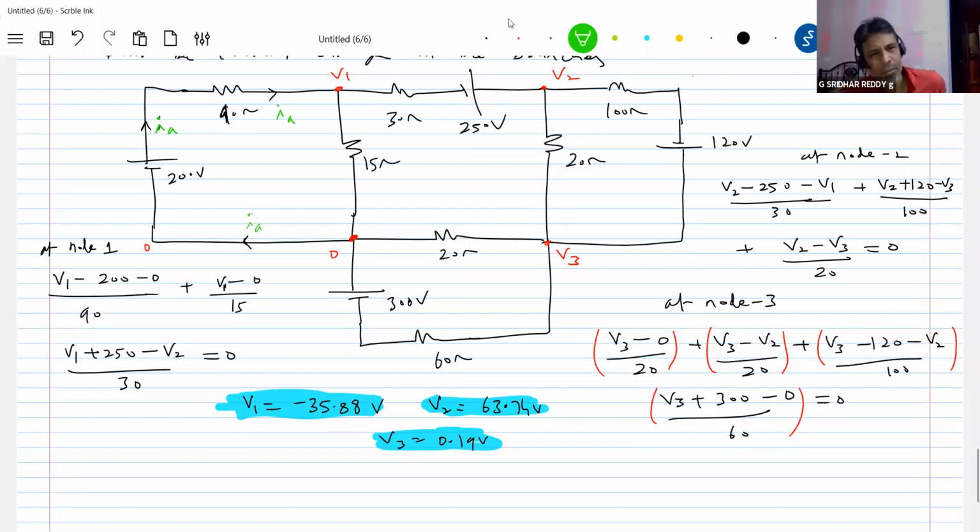So you can start from here, 0 volt. Write KVL from here: 0 plus 20 minus 90 IA minus of minus V1. Why minus of minus V1? V1 you have to substitute with the negative sign. So I'll write down the loop equation now: 0 plus 200 minus 90 IA minus of V1. Substitute V1 with sign, get the expression for IA.